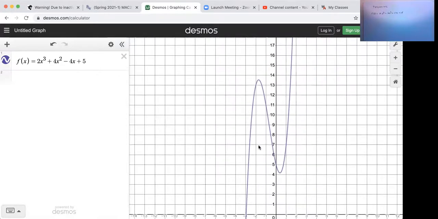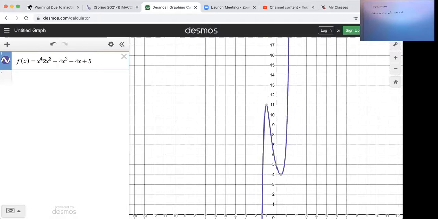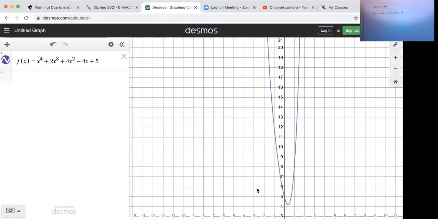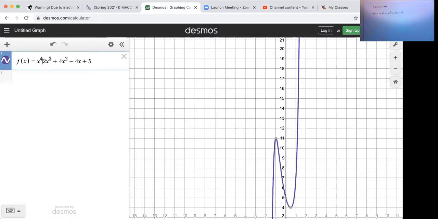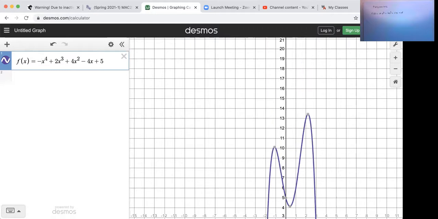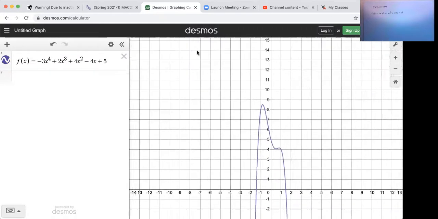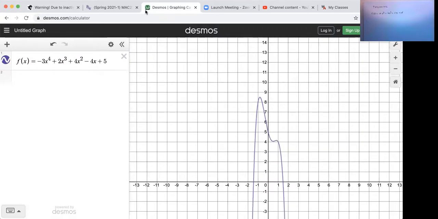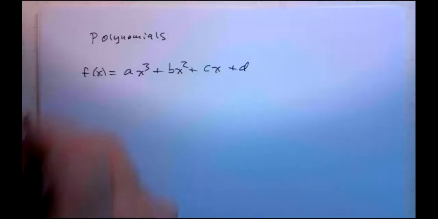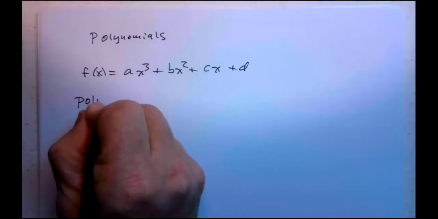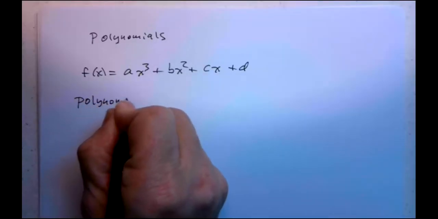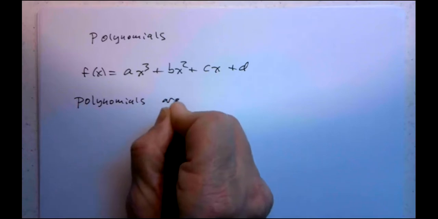Notice still no breaks. I could add a higher power. Now we're at x to the 4th. And change that up a little bit and see what we can do to change it. Again, no breaks. Polynomials are continuous everywhere. So there are no points of discontinuity.